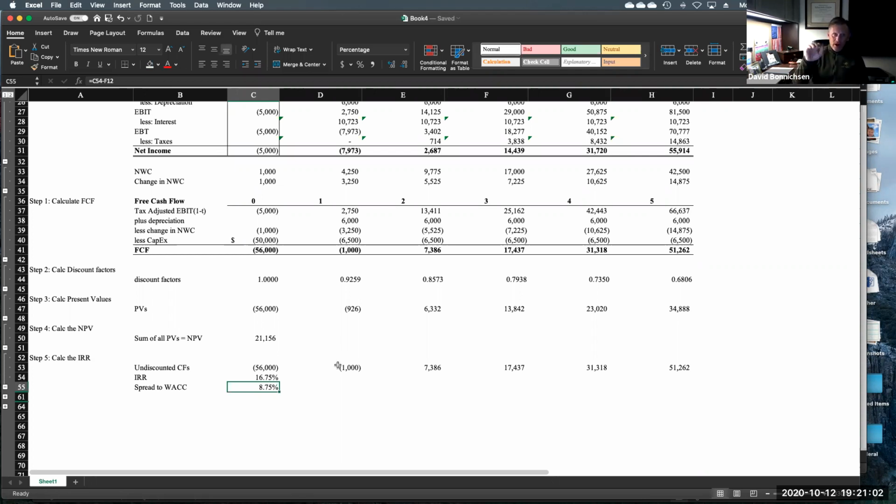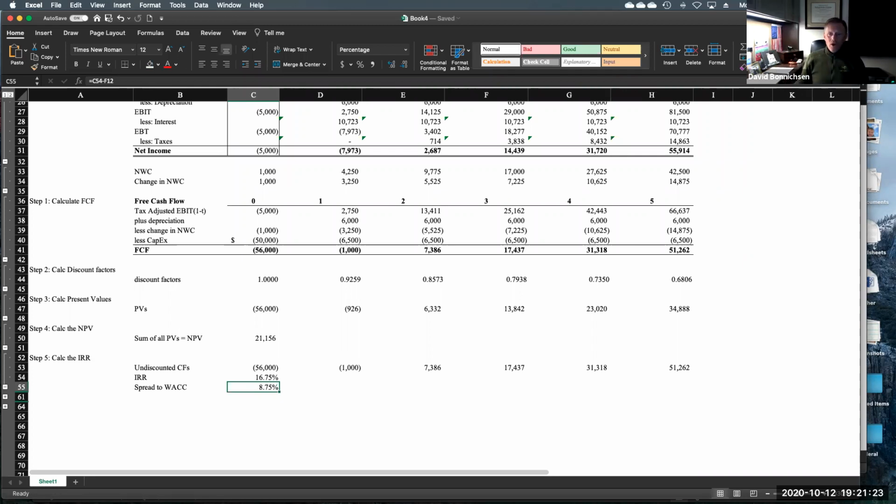So I'm going to move to IRR, right? But I don't necessarily care about the raw IRR. What I care about is the spread to my cost of capital, right? And I want to choose the project that has the higher spread, because that's delivering even more value to the firm.